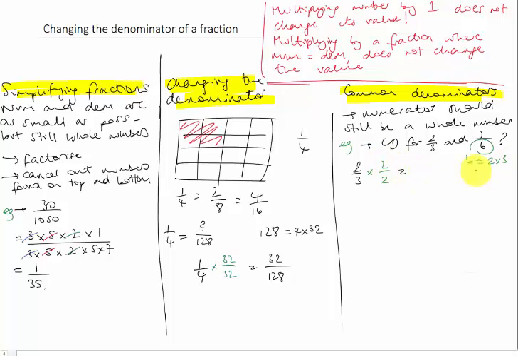That's the number by which we have to multiply it, so that gives us 4/6. So now we have both 1/6 and 4/6, and these both have the same denominator, obviously. So we have the idea of the lowest common denominator. That's what we've done there. This is the lowest one it's possible to have.